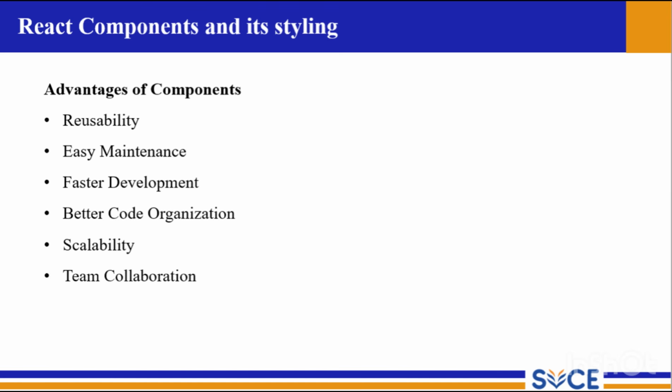Now imagine building this website using traditional HTML. The developers would have to copy and paste the navigation bar code into all 20 web pages. Although this works initially, it creates a major problem when changes are required. Suppose a company decides to add a new menu item called support or change the company logo.